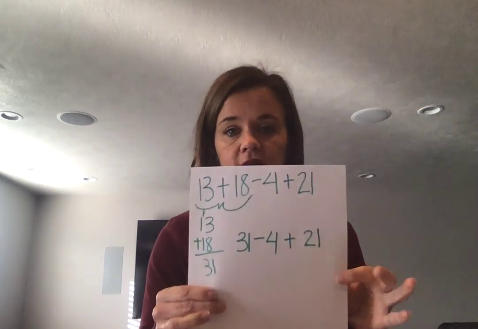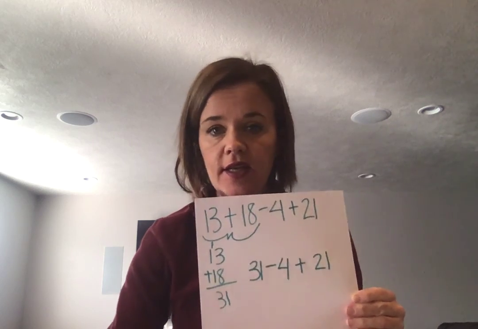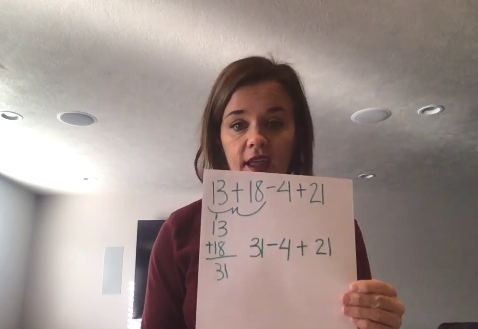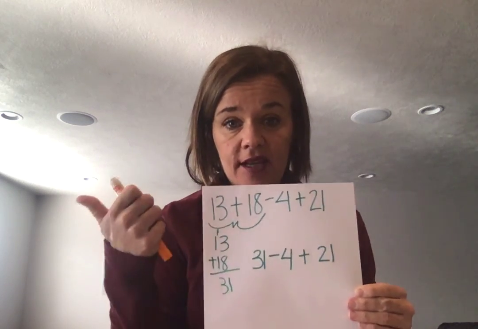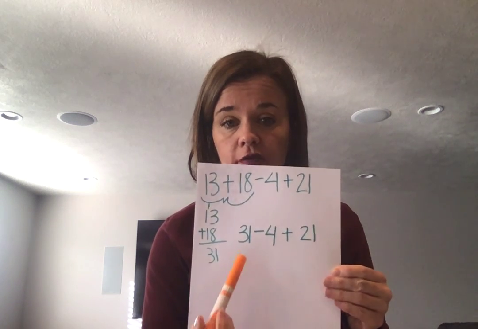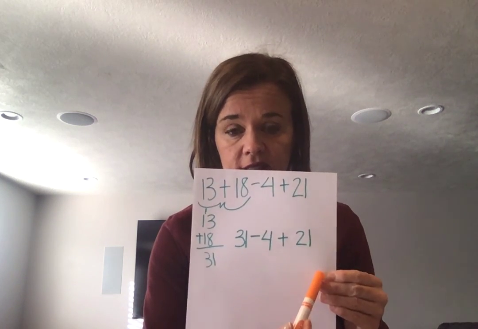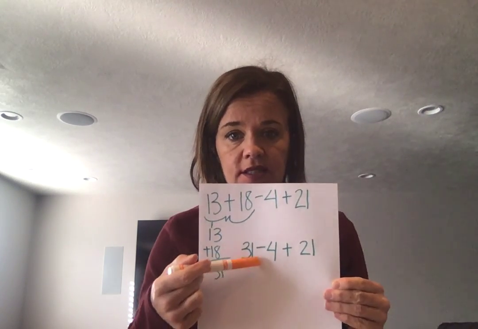All right. Here I go. Are you guys ready? This is like so fun, right? I know you're loving it. Okay. Here we go. So now I'm still just dealing with addition and subtraction. And since they're related, I'm going to move from left to right, okay? So 31 subtract 4 is the next part. So I'm going to subtract 4 from 31.